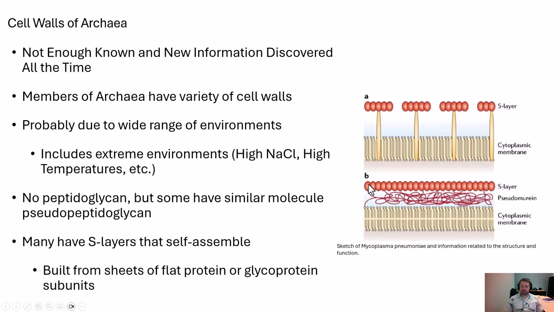And there are lots of different reasons for this: protection from high salt concentrations, lots of things that are going on. And like I said before, when more information is available on all the different archaea, we'll have a better idea of what these cell walls are made of and what the purpose of the S layer is. We do know that it can recombine, it can self-assemble, it can be damaged and then fixed. So there is some information that we know about it.